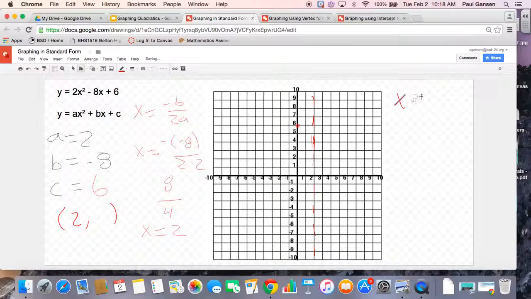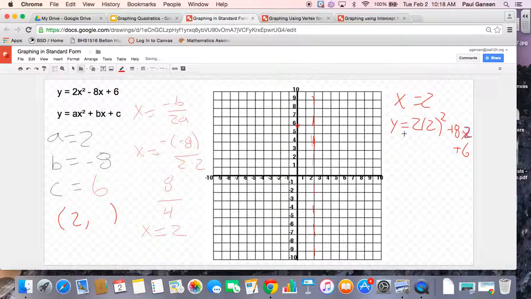So when x equals 2, y is equal to, let me back that up there. So y equals 2 times 2 squared minus 8 times 2 plus 6. I'm running out of room here. And again, instead of x, this is supposed to be a 2.